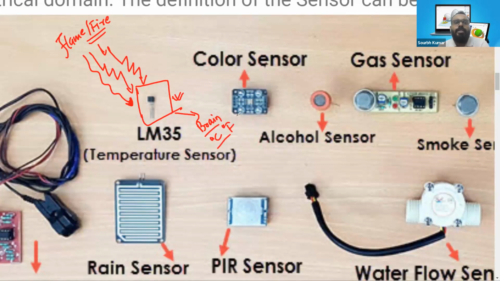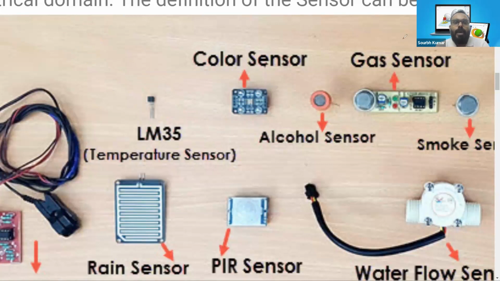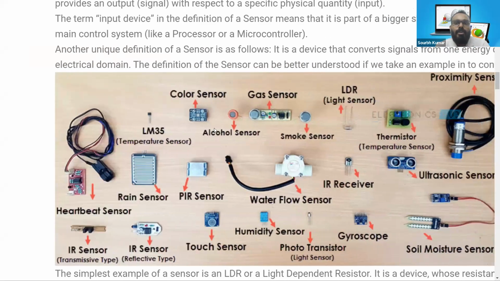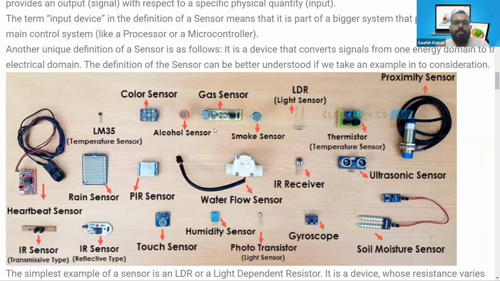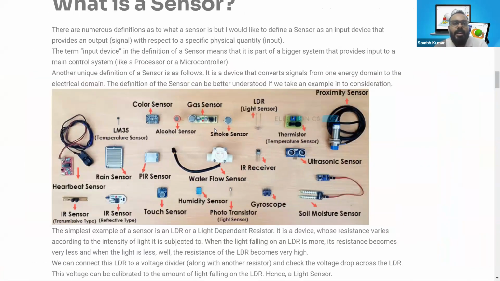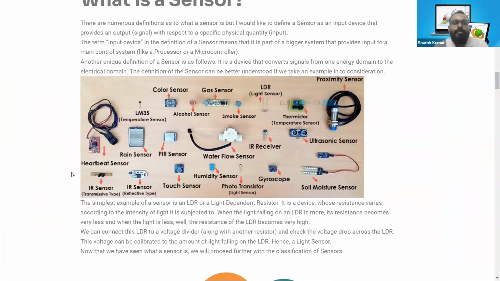So this is the main reason we use active and passive sensors, because some of these passive sensors are mostly required in robotics, because we do not have a proper power generation system in some places. So we utilize the passive sensor there and collect the data only from the environment.